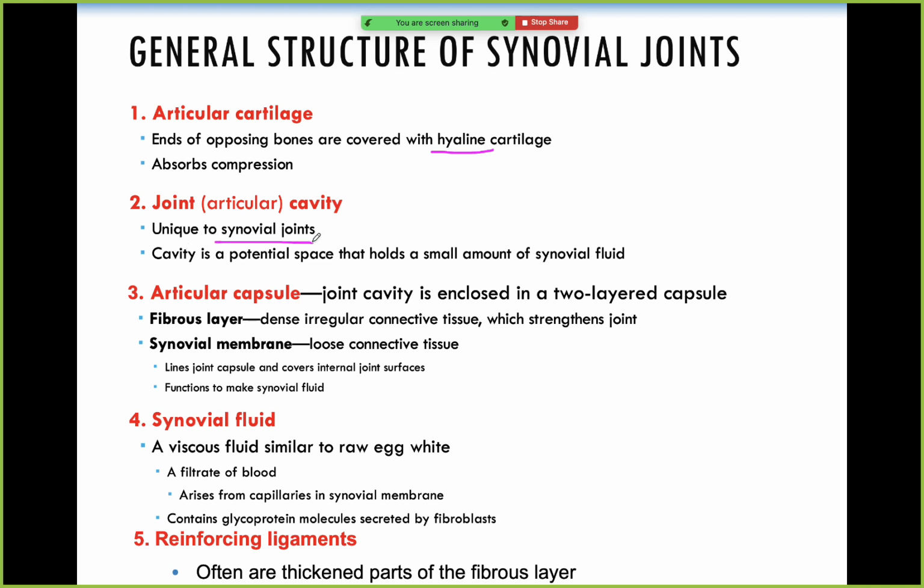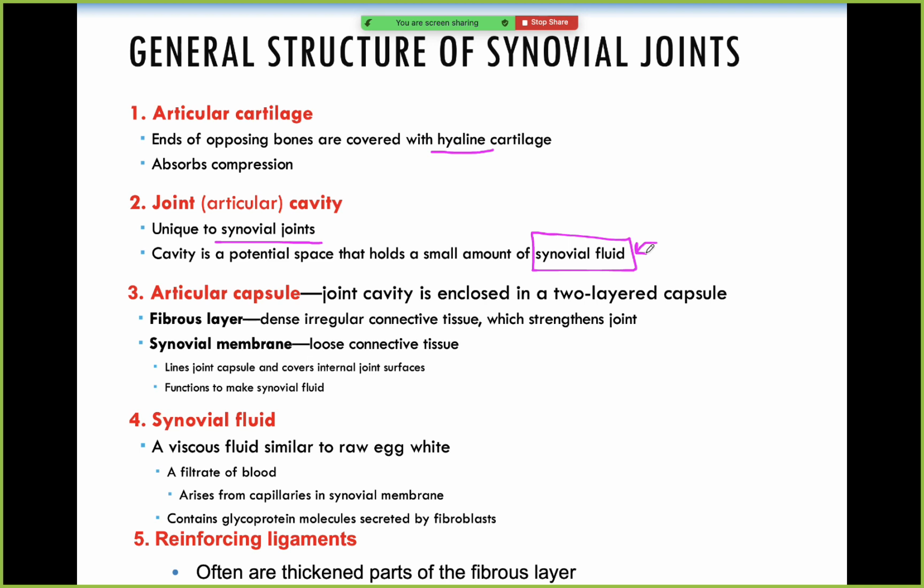No other joints have a cavity. That's a space in between 2 bones, and this is the space that's required to hold synovial fluid. Think of this as having the consistency of egg whites. It literally looks like egg whites, and it has the same texture. So it acts as kind of a watery, jello-ish, lubricating material.